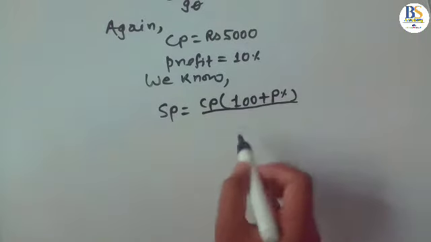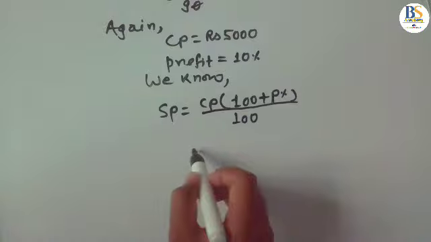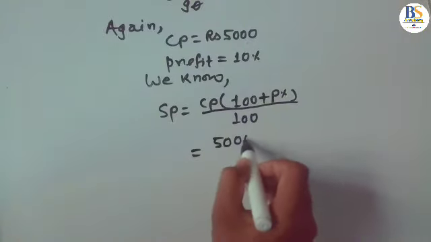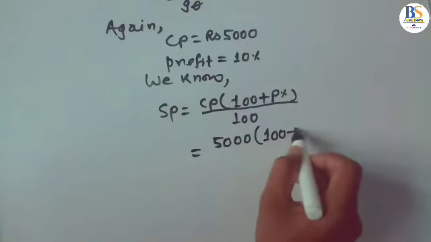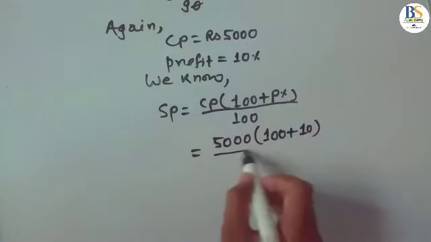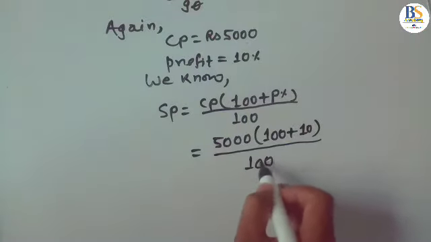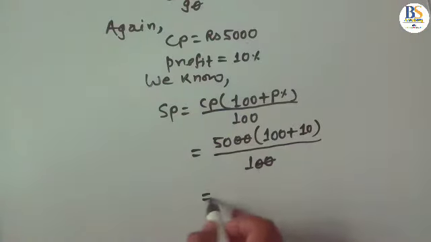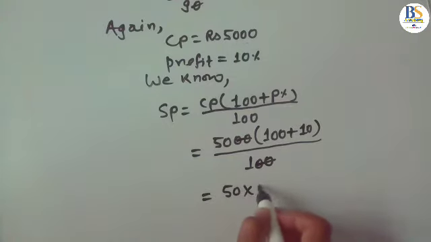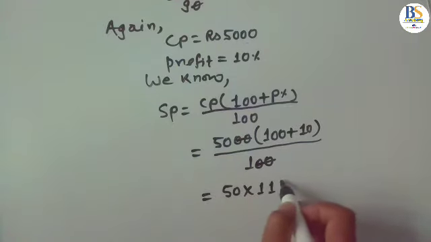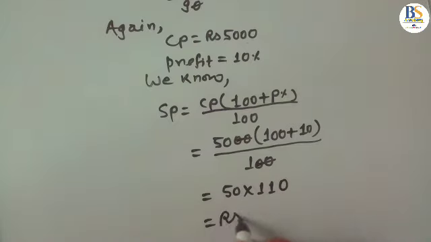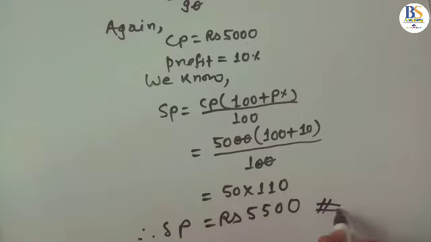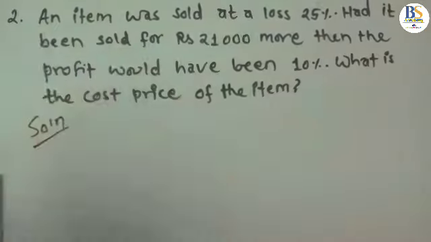SP equals CP bracket 100 plus profit percent upon 100. CP is 5000, 100 plus 10 upon 100. Zero cancels out. 50 times 110. This equals Rs 5500. This is the required price.